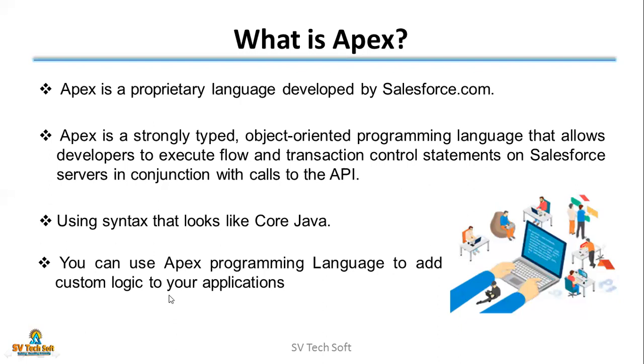Before Apex, we already had a lot of programming languages, like C, C++, Java, Visual Studio .NET, PHP, SharePoint. Those are all programming languages, right? If you take C, C is a function-oriented programming language. After C, C++, Java, and Visual Studio .NET are all object-oriented programming languages.